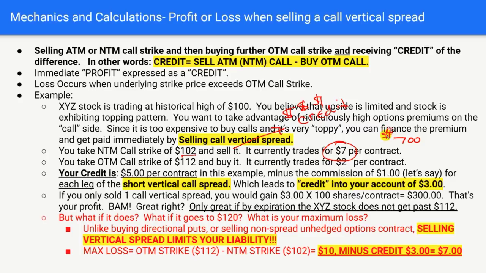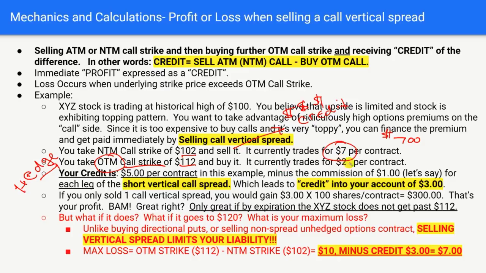Then you go out and buy an out-of-the-money call strike, just like you would if you thought this was going to go to the moon. But this is the hedge. So we're going to go to 112 and buy it.